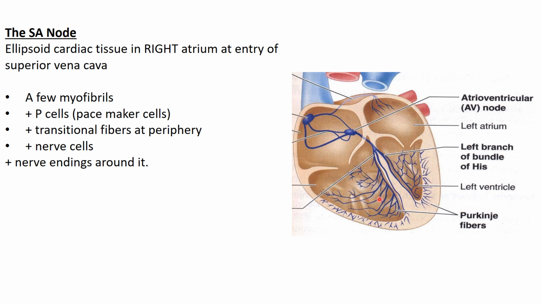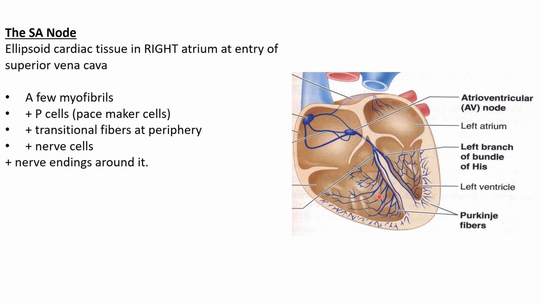Are you seeing this? This is the epicardial surface, the outer one here, and this inner surface we call the endocardial surface. So the conducting tissue is first of all splitting into the right and left branches that are descending down the septum of the ventricles.